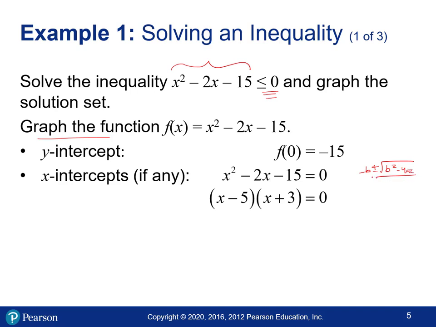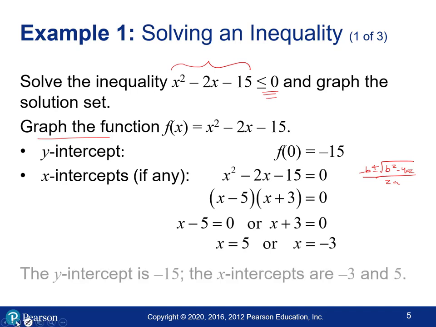And so this one does factor. And so we have x minus 5 times x plus 3. And so x minus 5 equals 0, or x plus 3 is 0. And so we have two x-intercepts at negative 3 and 5, and then our one y-intercept at negative 15.